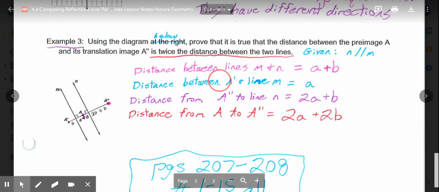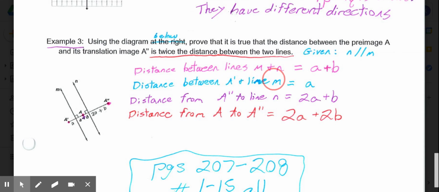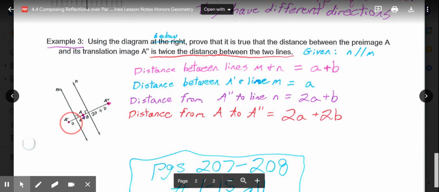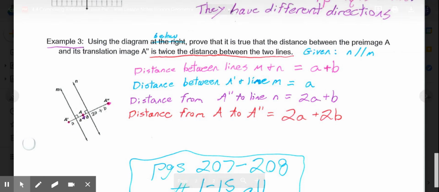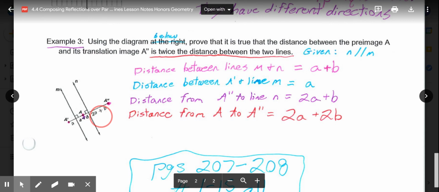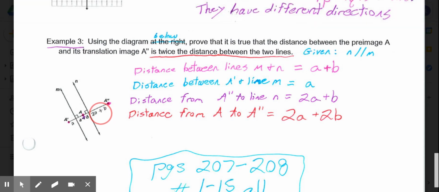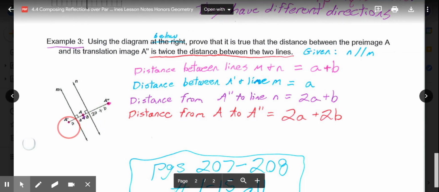The distance between A prime and line M was the letter A, given to us right there. The distance from A double prime to N was 2A plus B, it didn't print very well, but that's a plus B. So that's 2A plus B here, and A there.